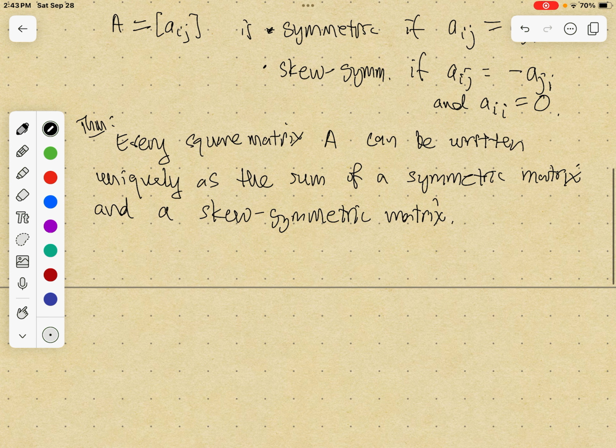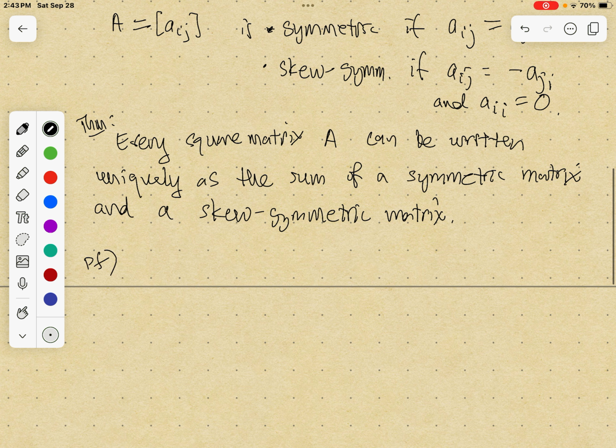Okay, let's prove this. So first of all, let's show existence. We want to express A as M plus N, where M is symmetric and N is skew-symmetric.